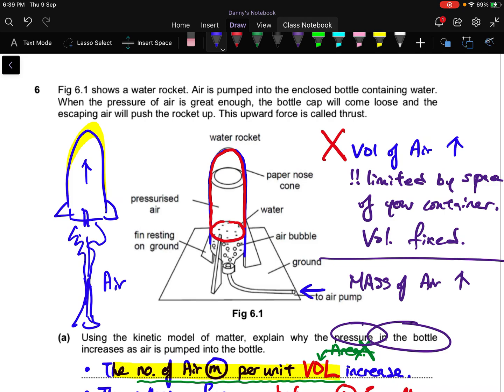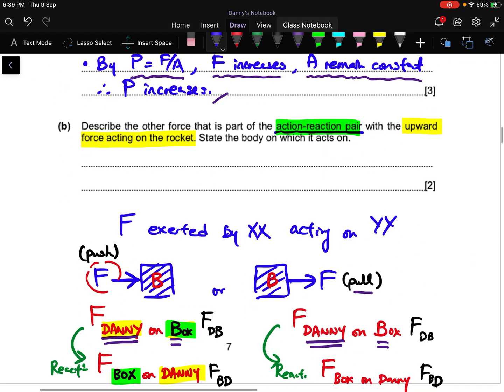The only way that this rocket can go up is because the air is pushing it up. So I can assume very quickly that this force acting on the rocket, maybe it is by the air or by the water or by both. I don't care, I just need a name, that's all.